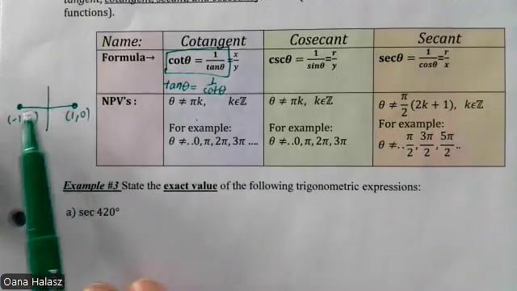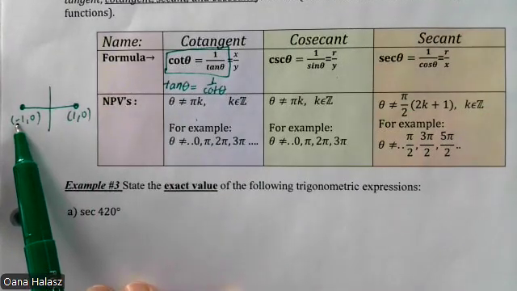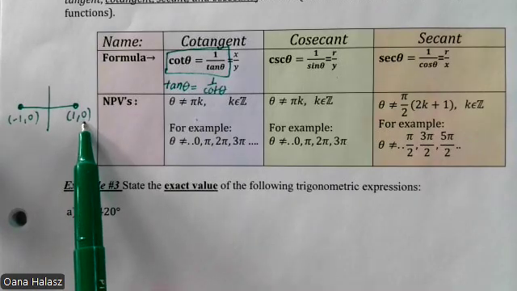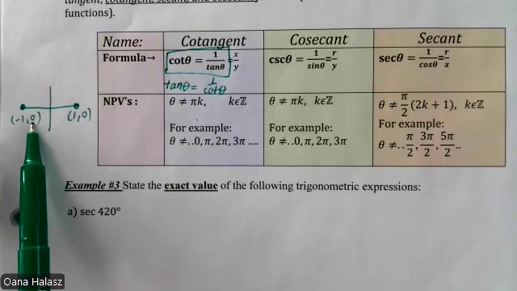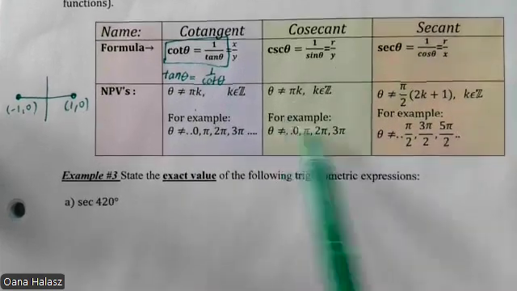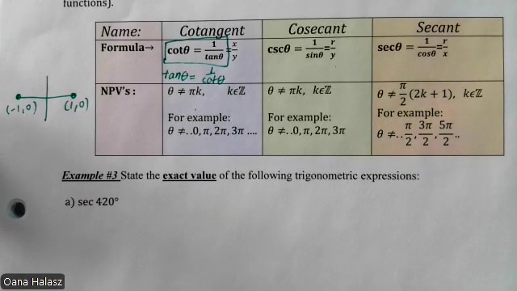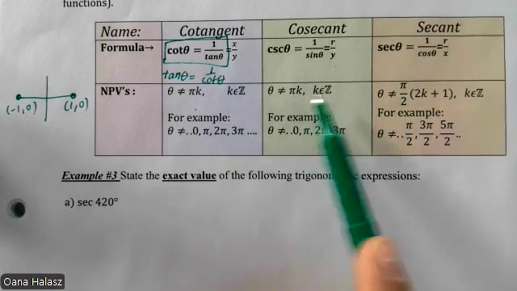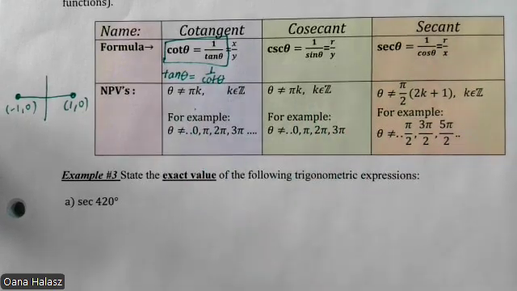And those locations are exactly the same ones like cotangent, right? Because sine here is 0, and then sine here is 0, and just keep on skipping, so it's the same thing, pi k. NPVs. And you have the examples underneath the formula for the NPVs, just to give you a concrete example in the unit circle, but that's usually what we write when we solve trigonometric equations later on.